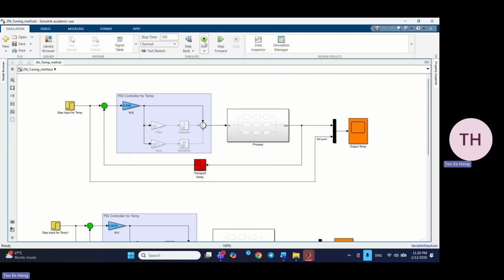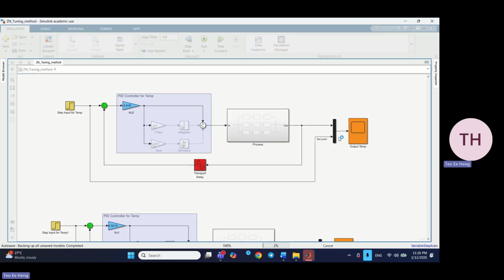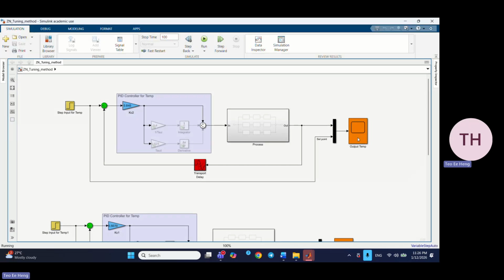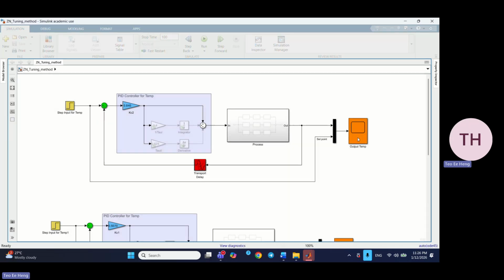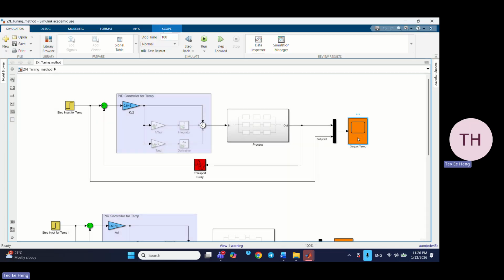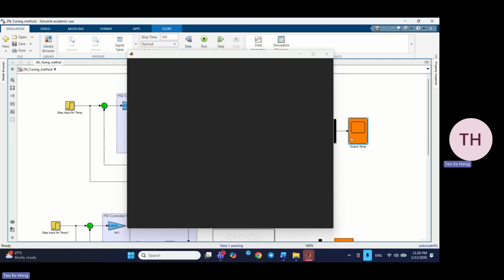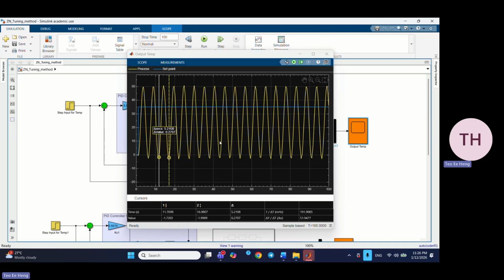Then I run the Simulink. We can get the response curve like this, which is the sustained oscillation curve.